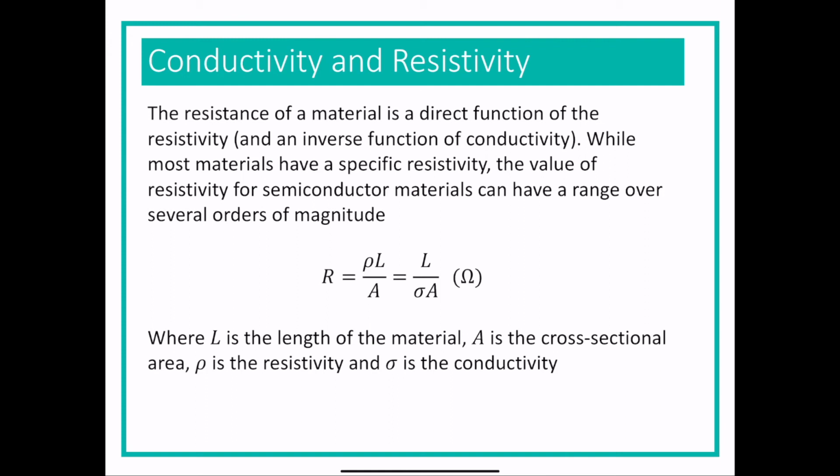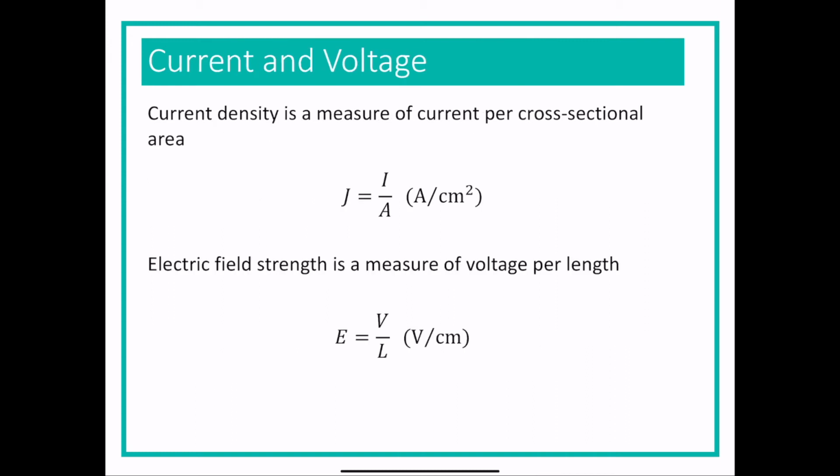So we're almost getting to where we need to go here. Current density is just current per unit area. Electric field is just volts per length. So both of these are really relating to current and voltage. Because we're dealing with chunks of material, we put it in terms of per unit area.